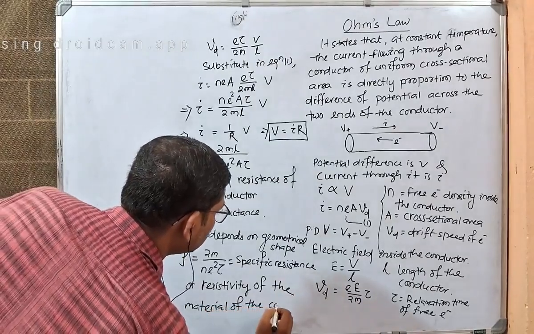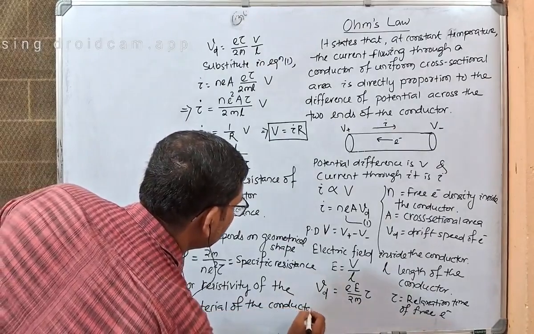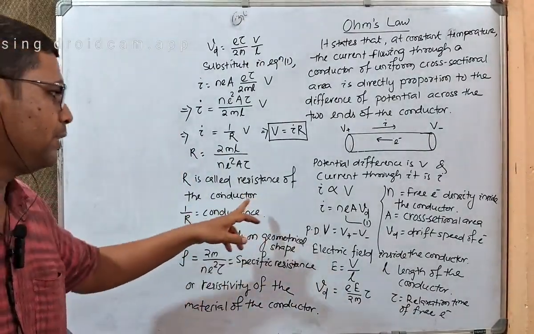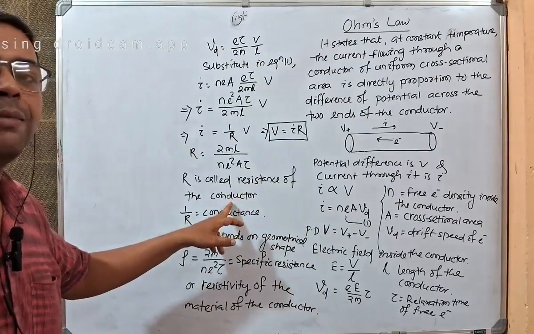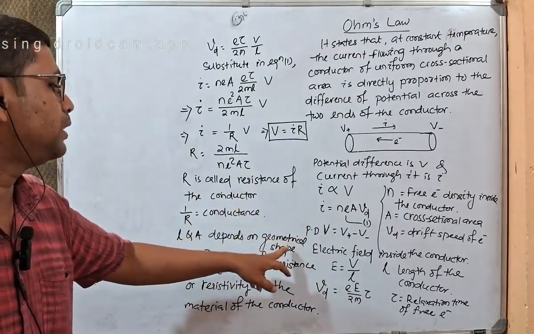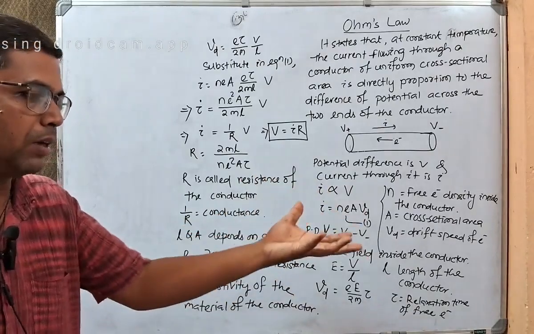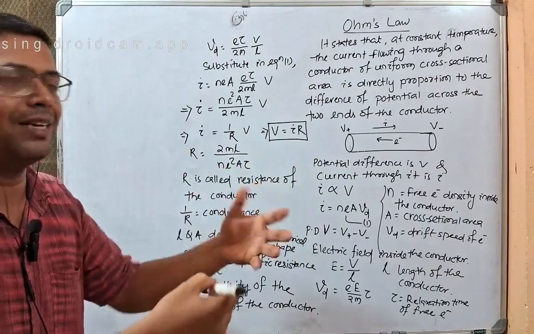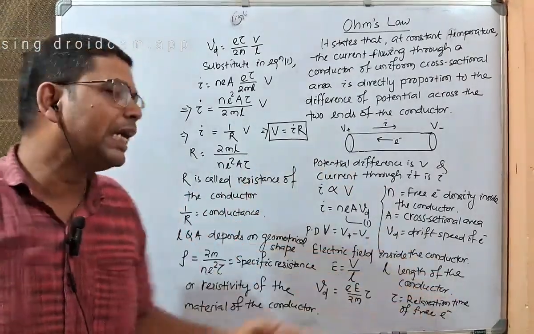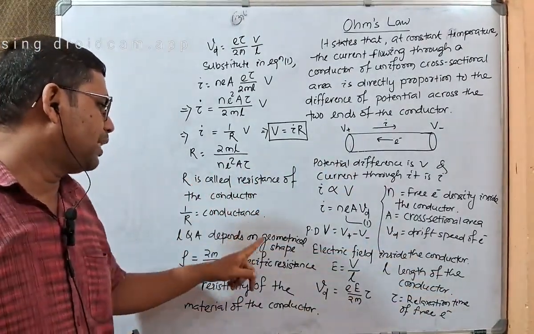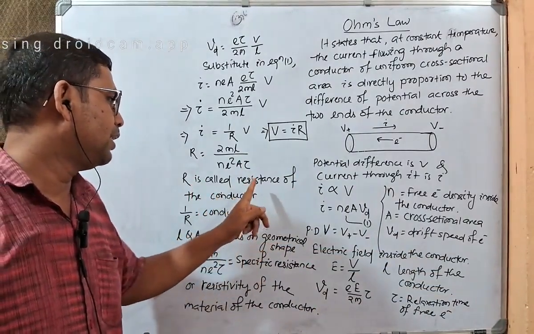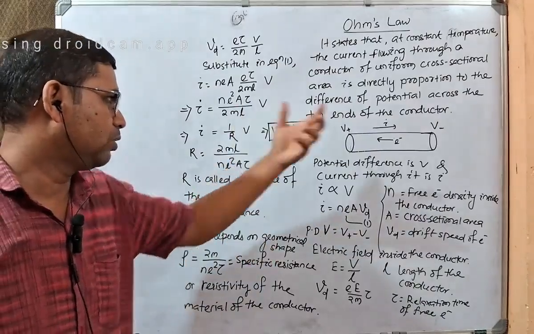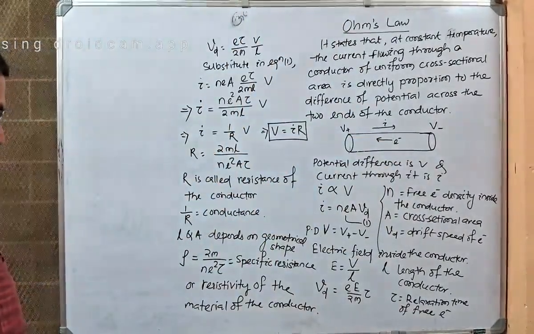Is it clear? If I write only material, that means it doesn't depend upon shape and size. Copper means copper, doesn't matter which shape it is, circular, spherical, cylindrical. But this R is the resistance of the conductor as a whole.